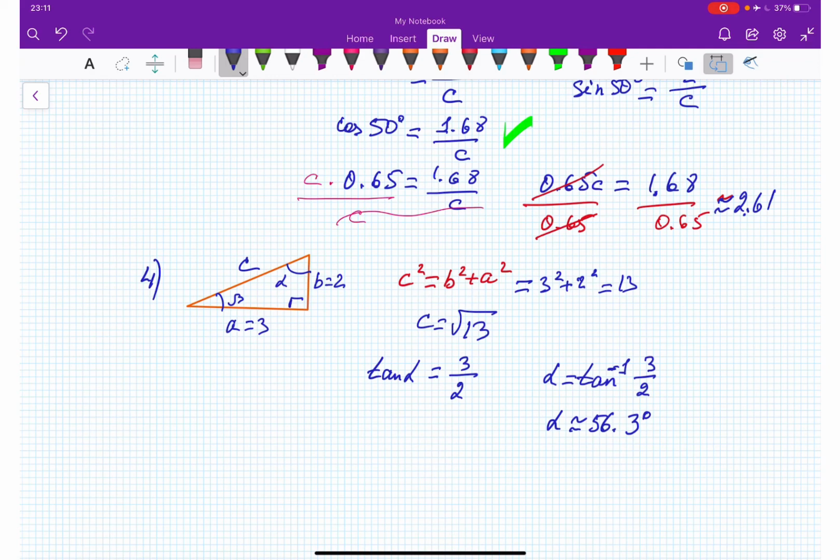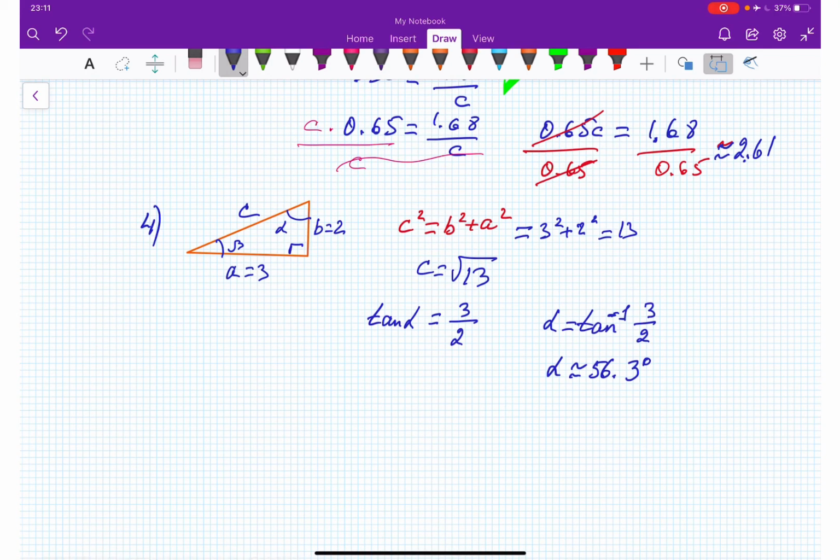All right? Okay, so once we have alpha, guess what? Beta is going to be much easier to find out. So angle beta is equal to 90 degrees minus 56.3. Why 90 degrees? Because this angle is already 90, right?